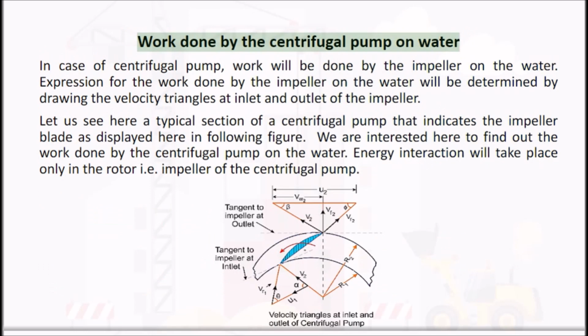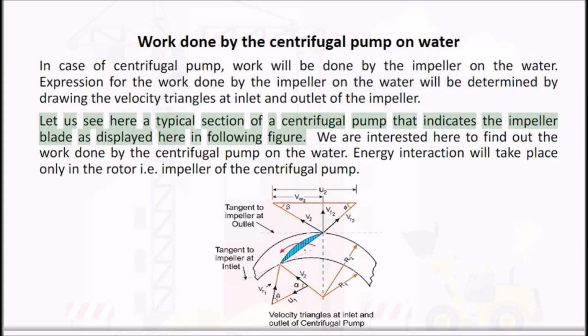Work done by the centrifugal pump on water. In the case of a centrifugal pump, work is done by the impeller on the water. The expression for the work done by the impeller on the water will be determined by drawing the velocity triangles at the inlet and outlet of the impeller.